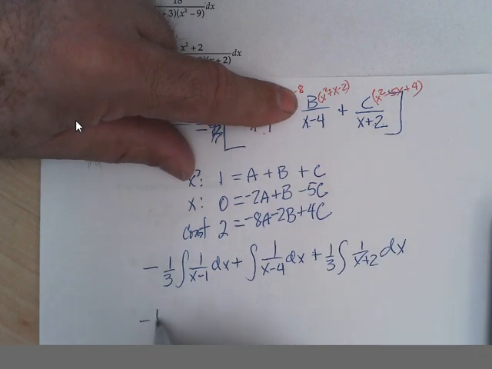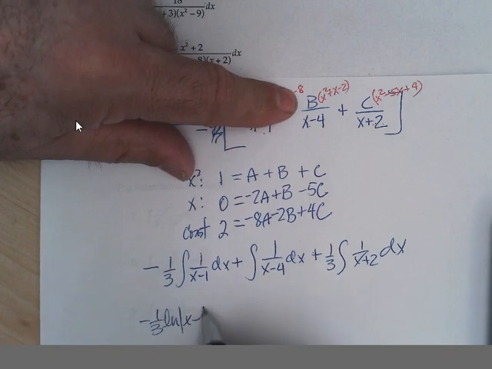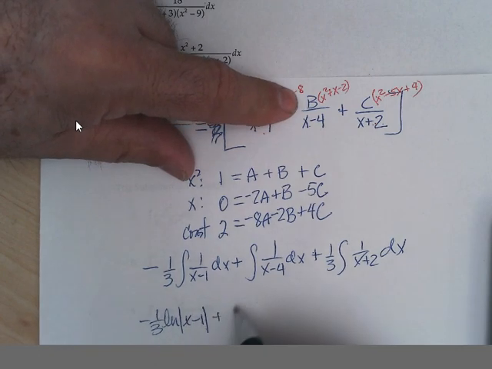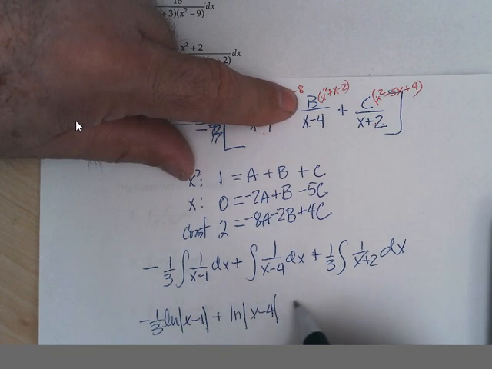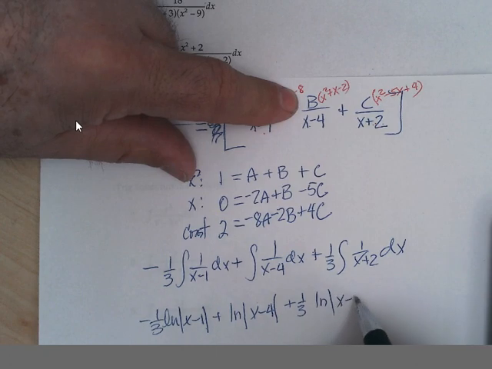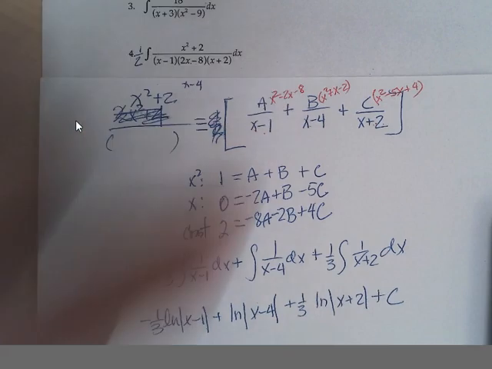So I got negative 1/3 ln of x minus 1 plus ln of x minus 4 plus 1/3 ln of x plus 2 plus c.